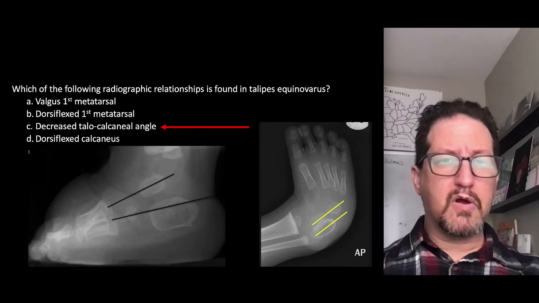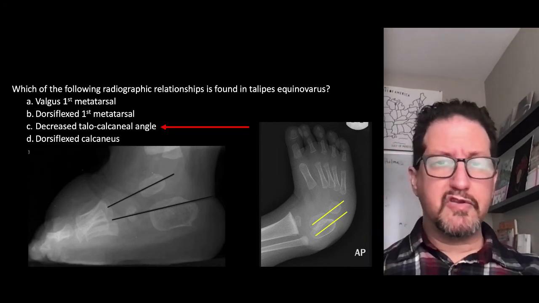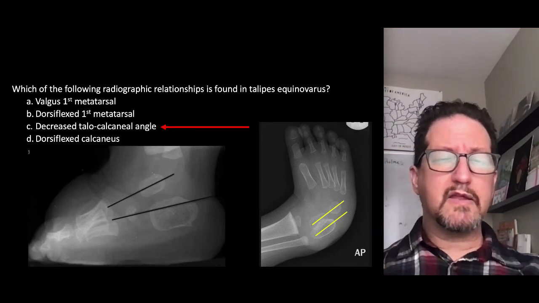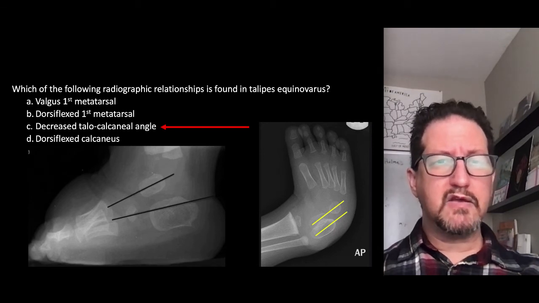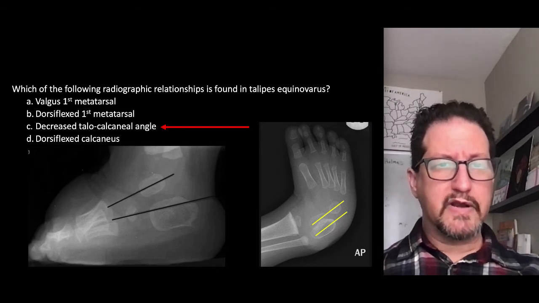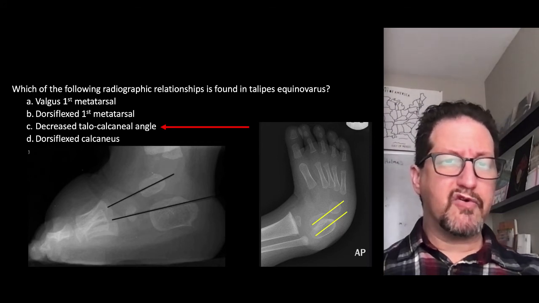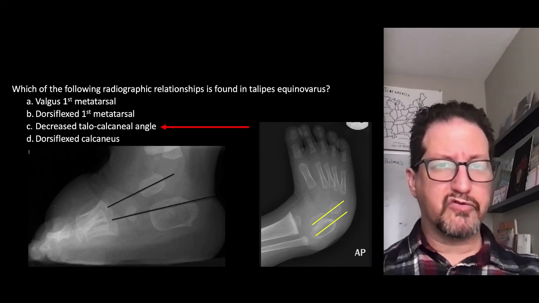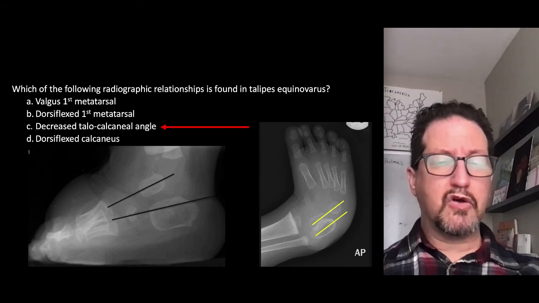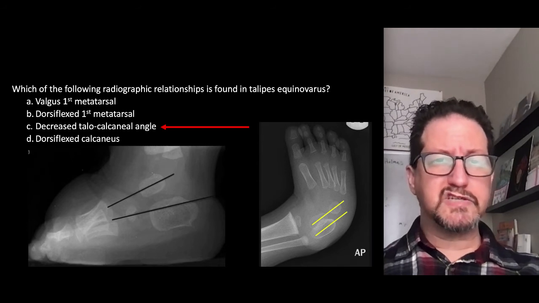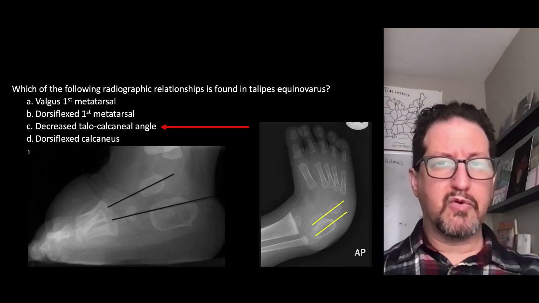And here's another one with a different child. Again, this is the talocalcaneal angle on the lateral radiograph. And just to point out, the first metatarsal is not dorsiflexed here. You could also see that the calcaneus is plantarflexed as well. All right, so you remember those relationships, and that will help you get through questions like this.